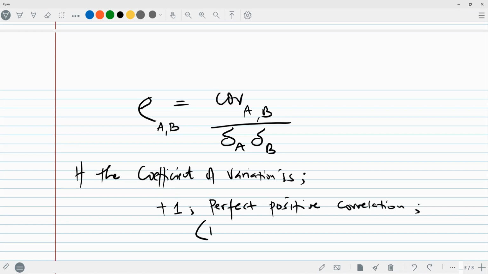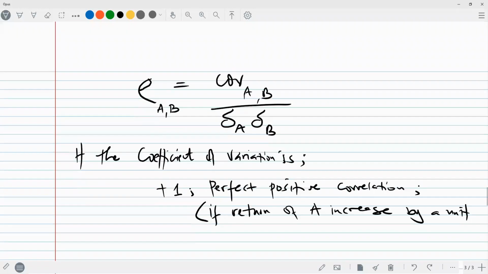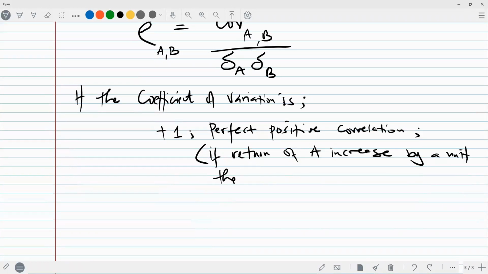It would mean that if the return of A increases by a unit, it can be percent, then the return of B also increases, because it is positive, by the same unit. If A increased by 10%, then B increased by the same percent, 10%.